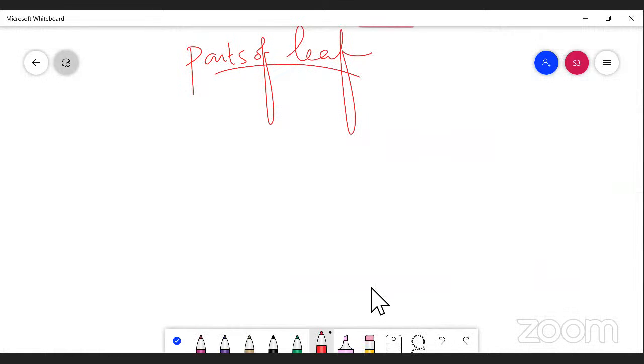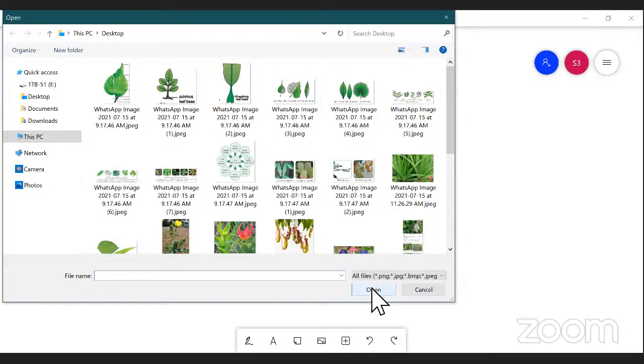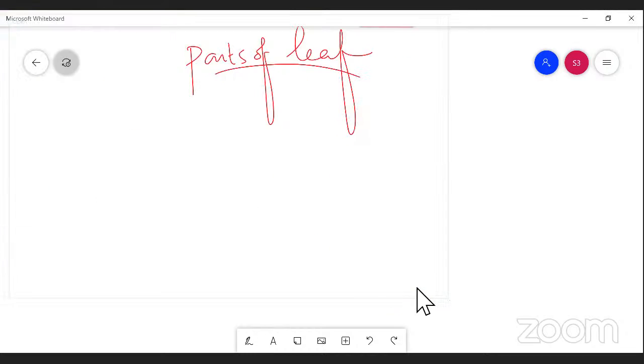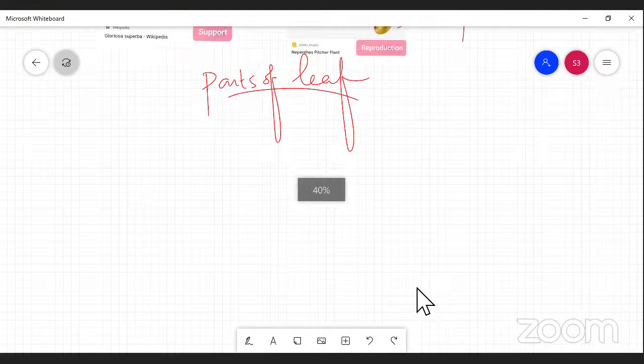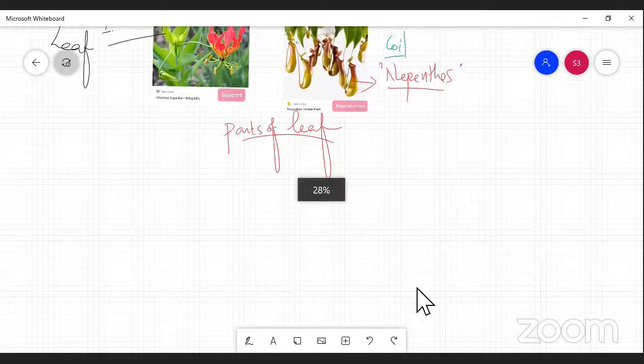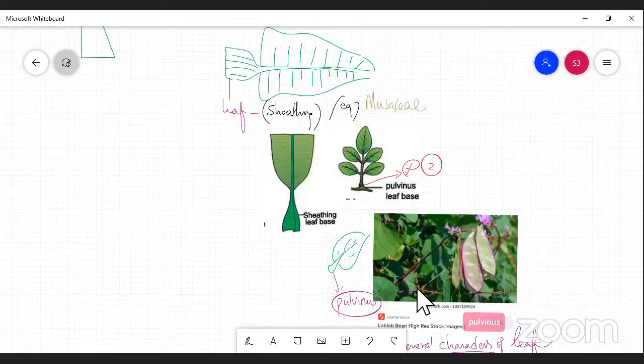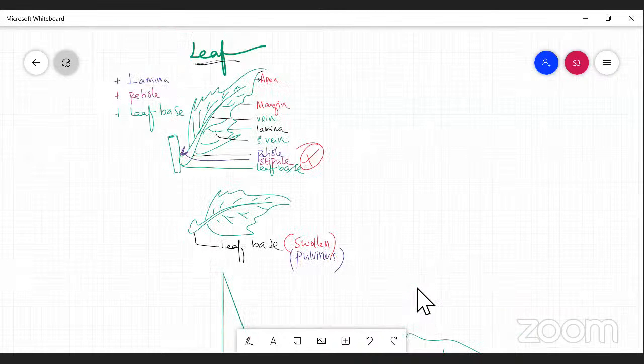Now this is a leaf, and these are the parts of the leaf.